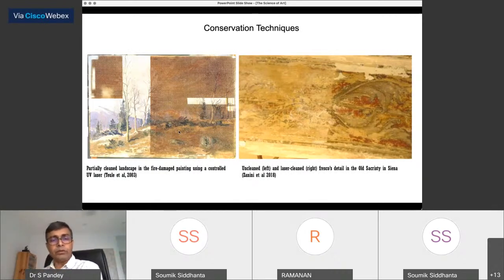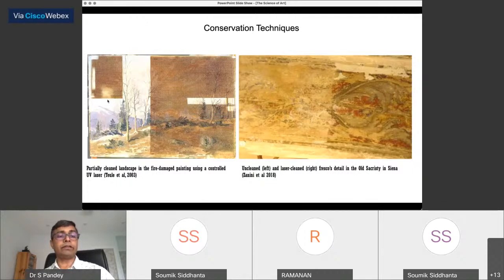We still do, using normal solvent cleaning. It wasn't possible. Most of the solvents were either not useful, or some which could clean the surface deposition could also damage the internal paint layer. And therefore, it was decided to use a controlled UV laser to clean this painting. And you see a beautiful result.